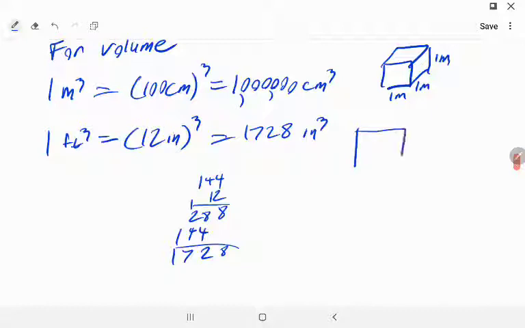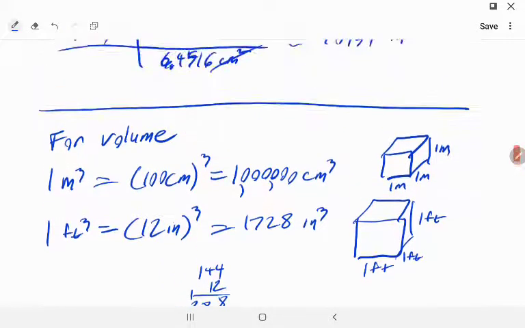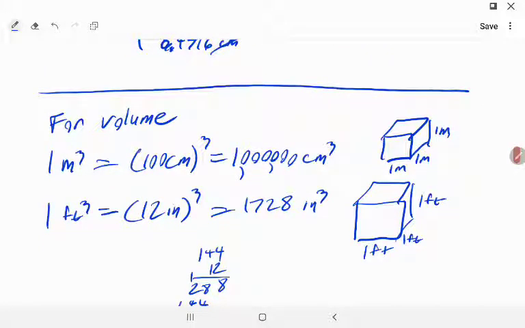For the feet, we're imagining a box that is 1 foot by 1 foot by 1 foot. To convert to cubic inches, we have to take 12 inches times 12 inches times 12 inches. Again, we're just remembering that once we're talking about volume, we have to have 3 dimensions.